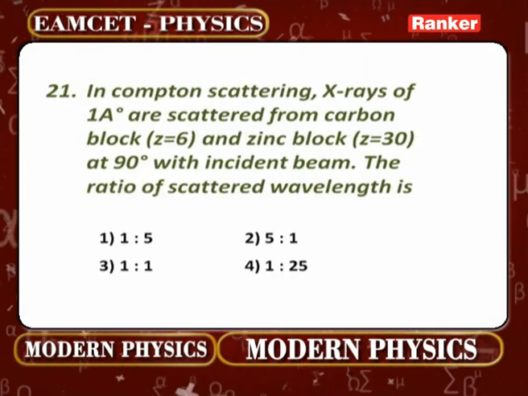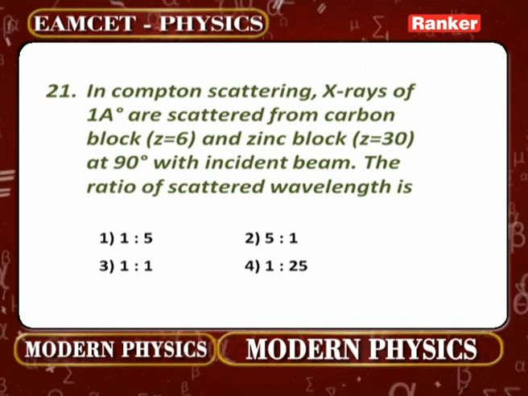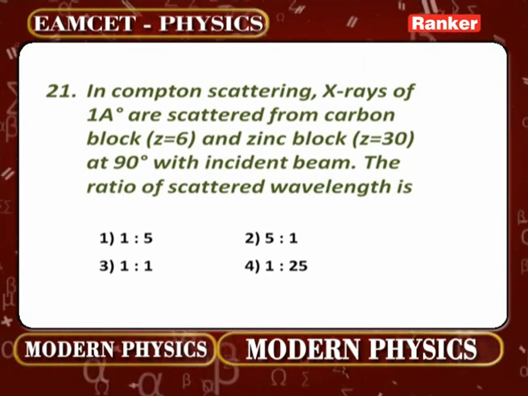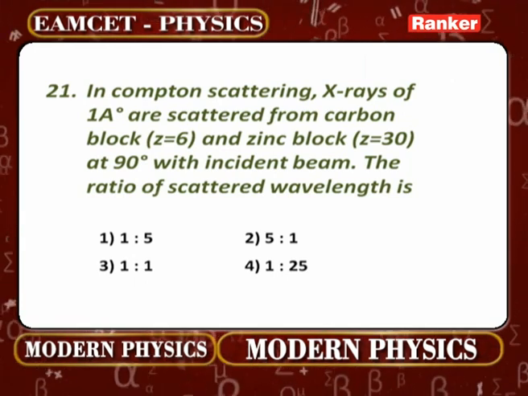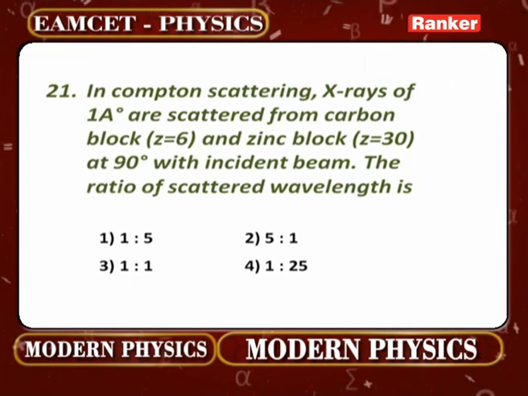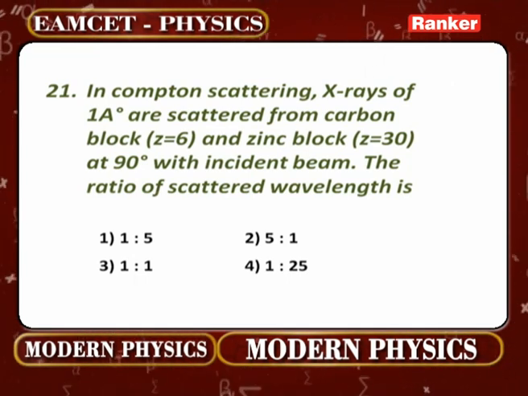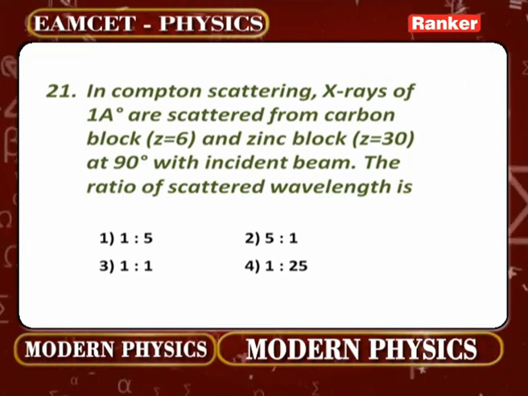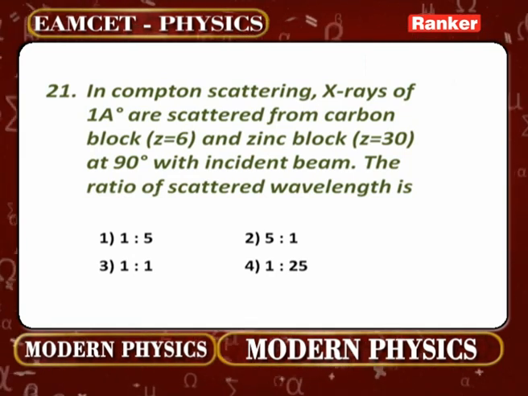In Compton scattering, X-rays of 1 angstrom are scattered from a carbon block of which Z is 6 and a zinc block of which Z is 30 at 90 degrees with the incident beam. The ratio of scattered wavelength will be? All of you should understand the equation thoroughly here.